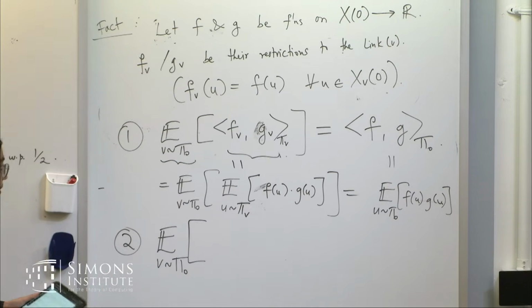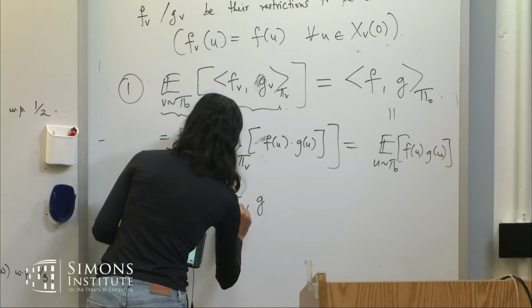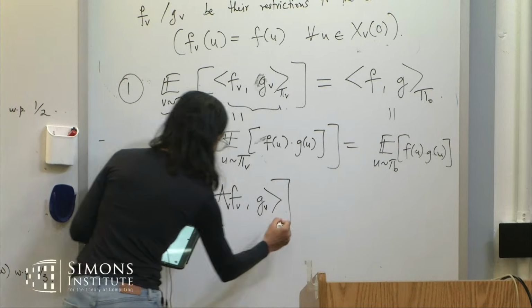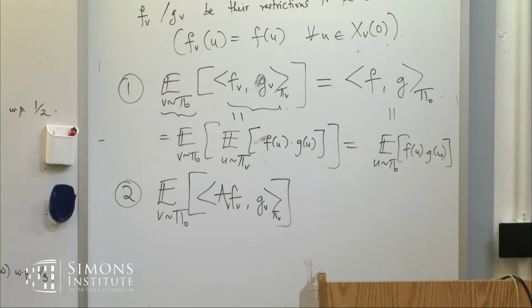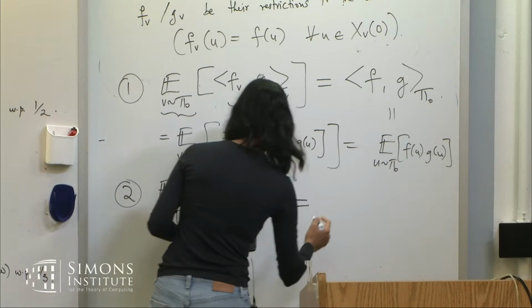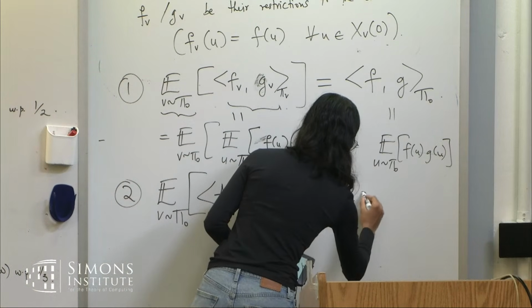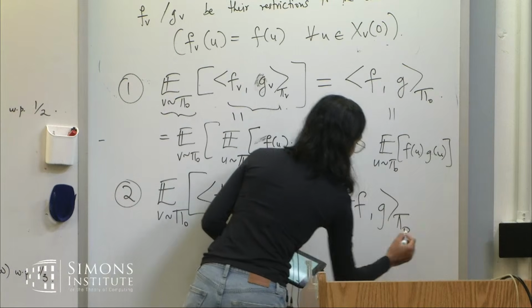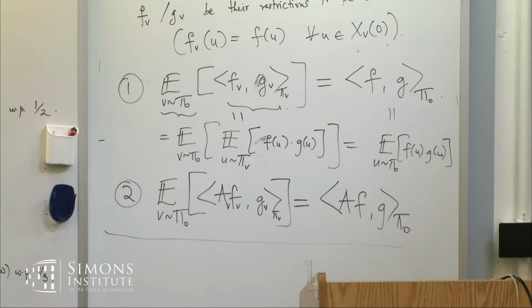Again, we sample a vertex and we look at A_V F_V, G_V, with respect to the norm on V. This is the same as the global thing where we simply remove all the V's, so it's the same as A F, G with respect to pi 0. Any questions about this?